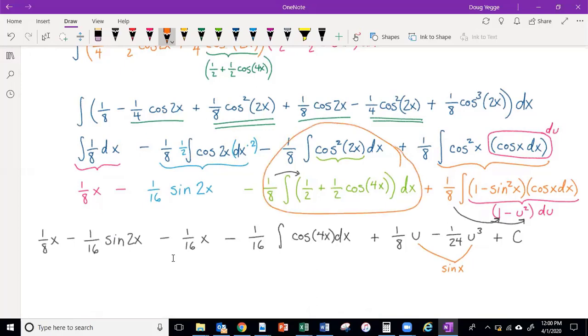That was the third time we had to reduce the power. So from the beginning, if the total exponent is 6, you're going to have to use 3 power reducing formulas. If the total of the exponents is 4, you only have to do it twice.